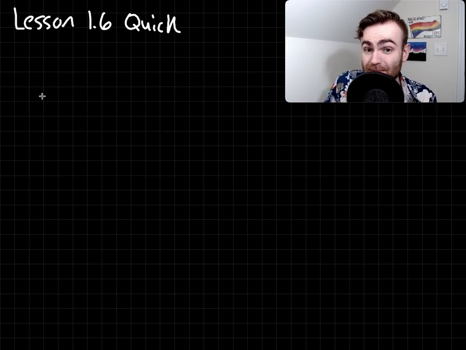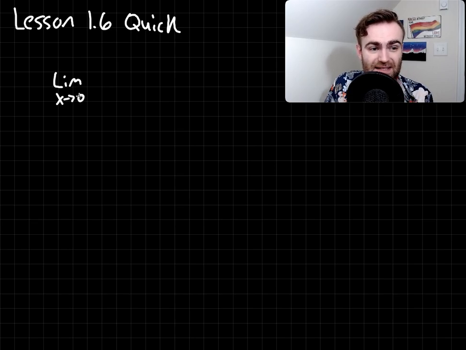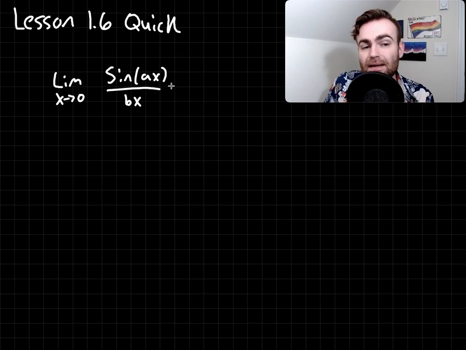So here are some things that you're going to want to memorize. My suggestion, make some note cards. The first one, limit as x approaches 0. These special ones are for 0 of sine evaluated at a times x over b times x. This limit will become a over b.